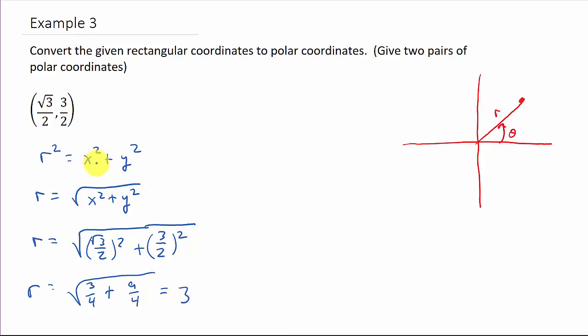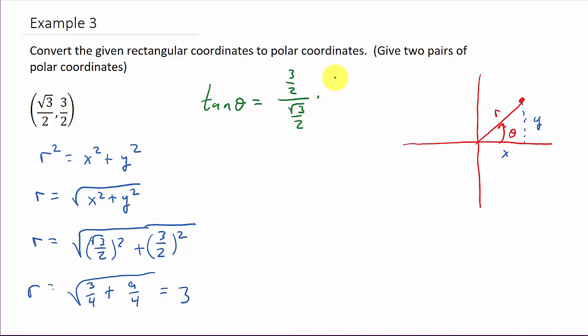And look, all of this is the Pythagorean theorem. See, there's x, there's y, and that's all it is. All right, so now let's get theta. So we've got tangent theta, and if you remember from the first of the video, tangent theta is y over x. So that's 3 halves over square root of 3 over 2.